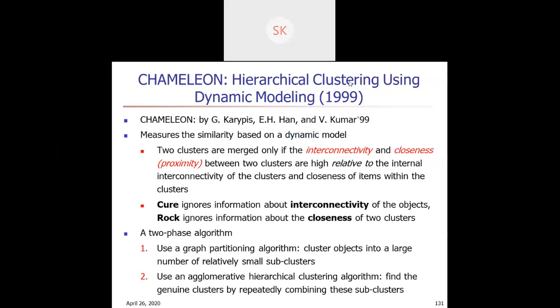Last, that is the Chameleon hierarchical clustering, proposed in 1999. It measures the similarity based on a dynamic model.